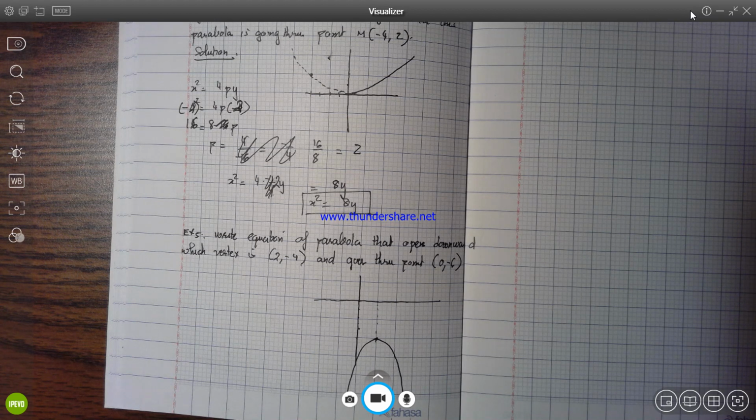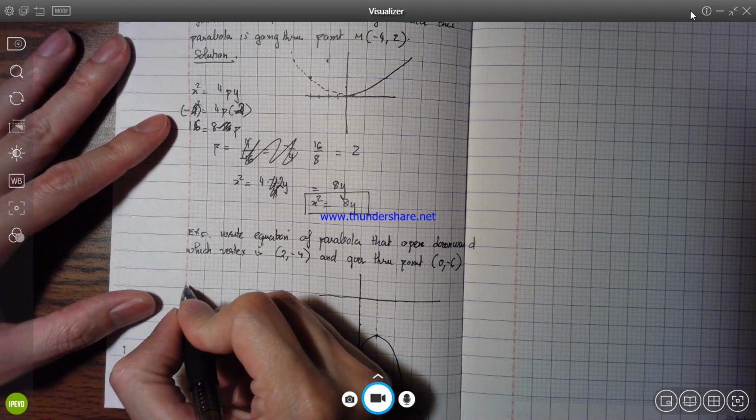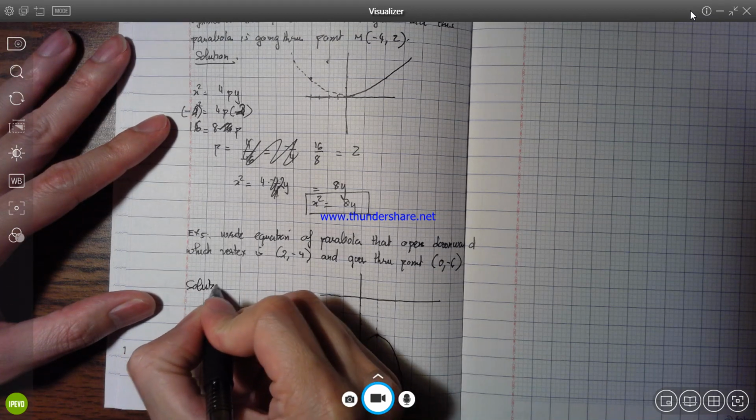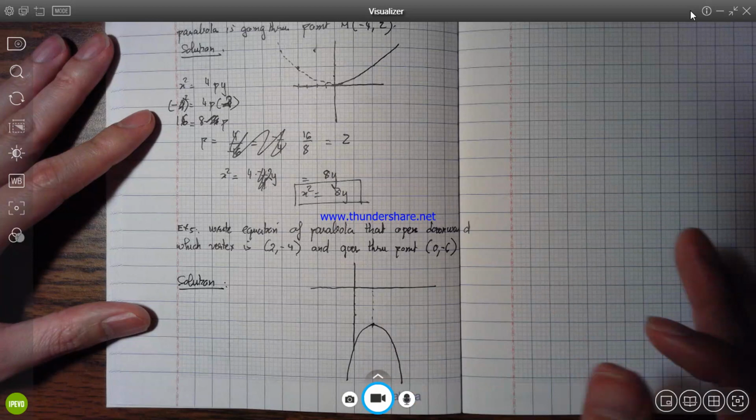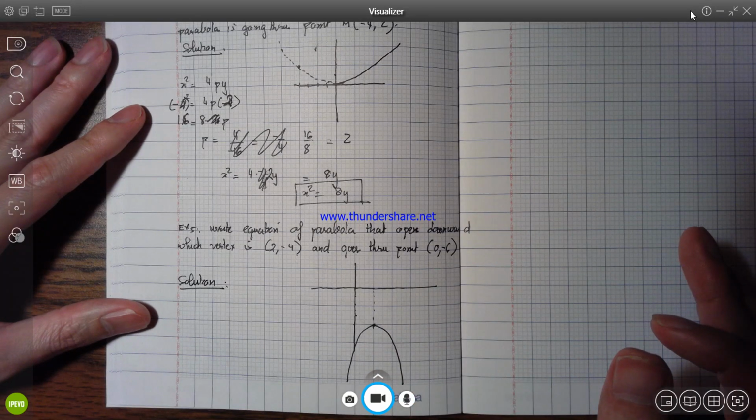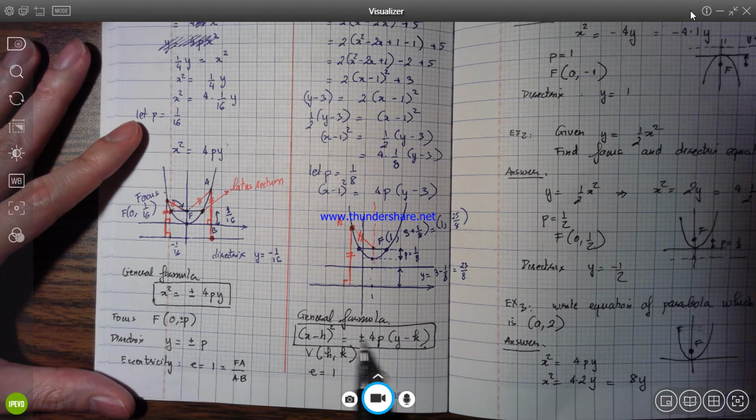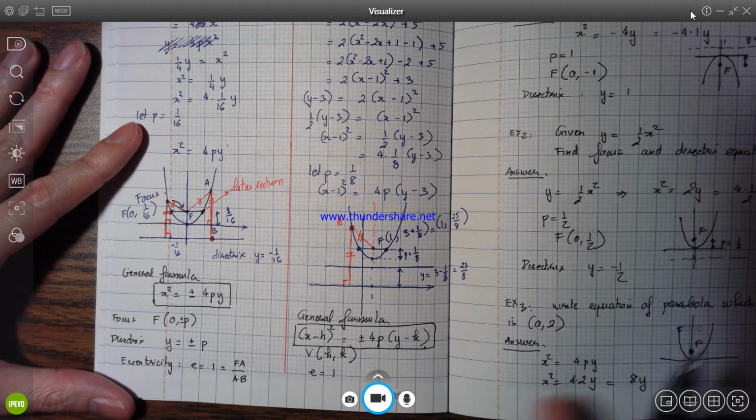So you see, every time I'm dealing with a conic curve, I always graph it. Okay, let's see if we can do this solution. We know that it's opening down. If it is opening up or down and the vertex is not the origin, we have to use this formula.